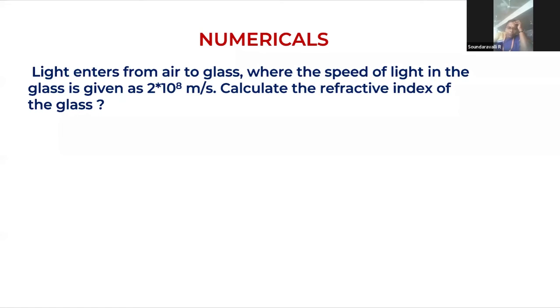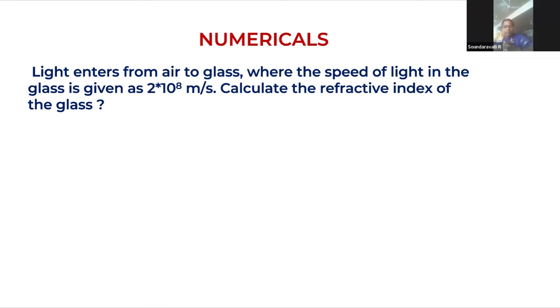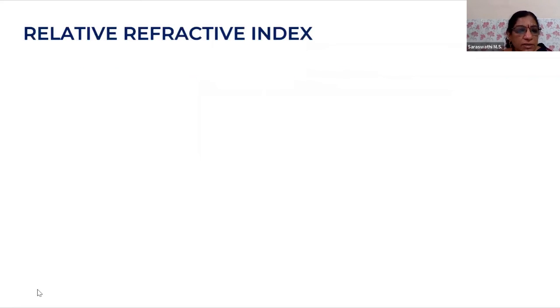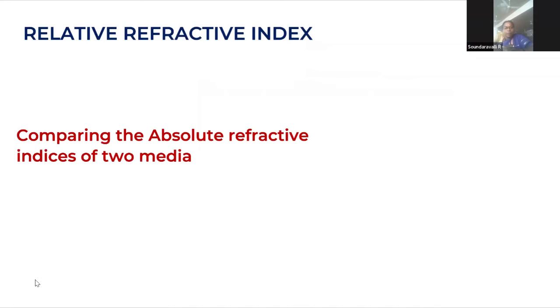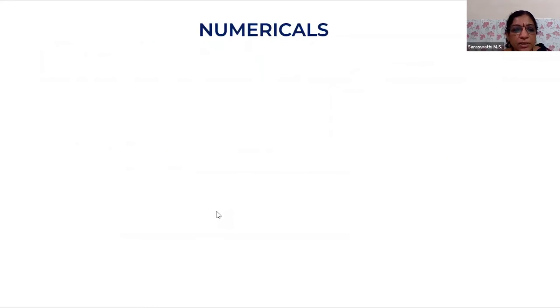1.5. 1.5, ma'am. It is 3 into 10 to the power 8 by 2 into 10 to the power 8, velocity of light in air. Absolute refractive index, earlier I just showed you. 3 by 2 we will get, ma'am. One minute. Absolute refractive index of two media is what?